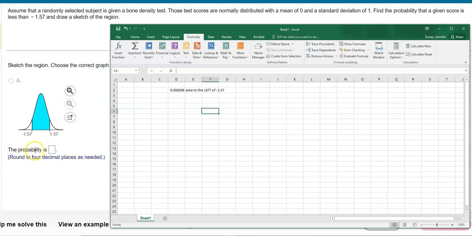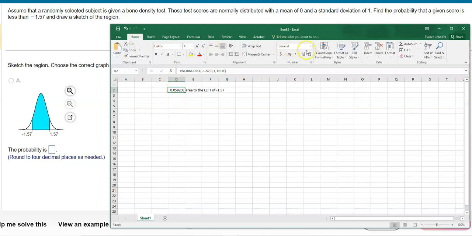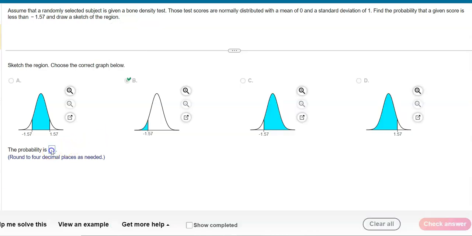So here we're looking for that probability, that's this number, and we wanted to round to 4 decimal places. This has more than 4 decimal places right now, so if we want to change that, we can go to the home key and then to this little button right here and take it down until we have 4 decimal places. Let's see, 1, 2, 3, 4. So 0.0582 is our answer.